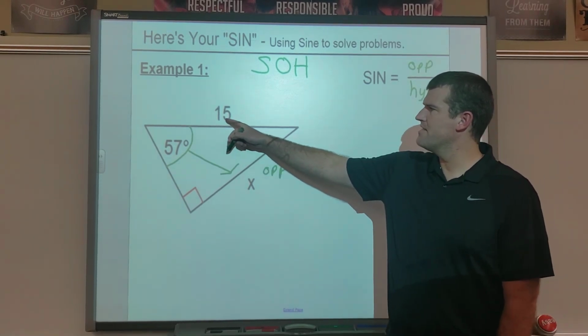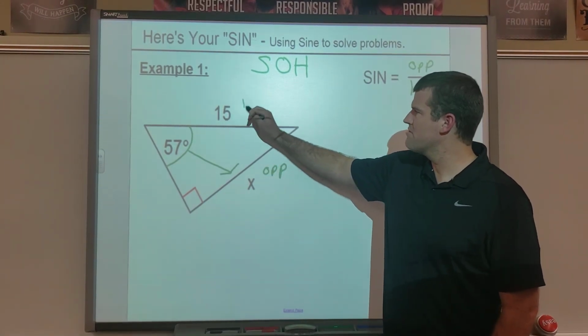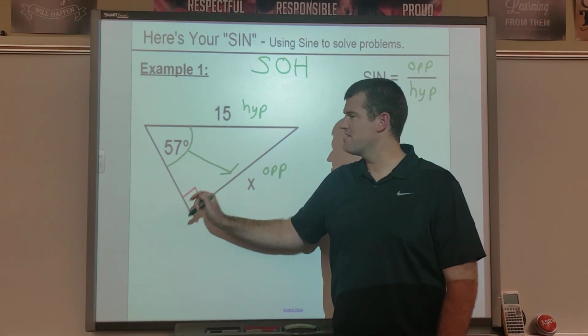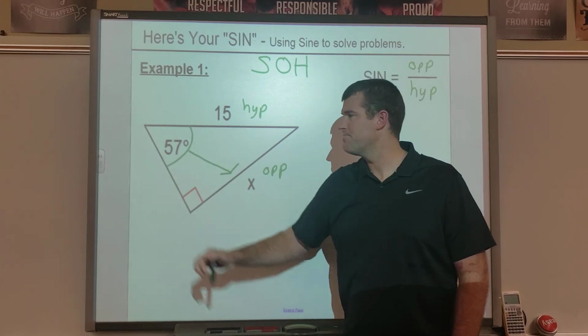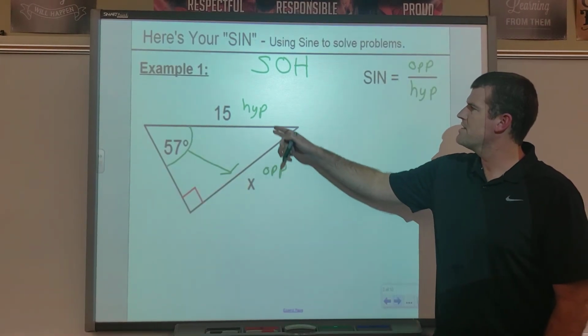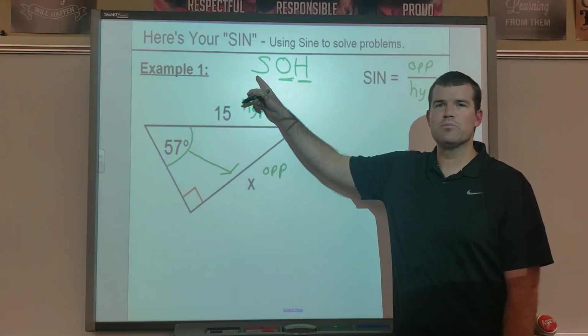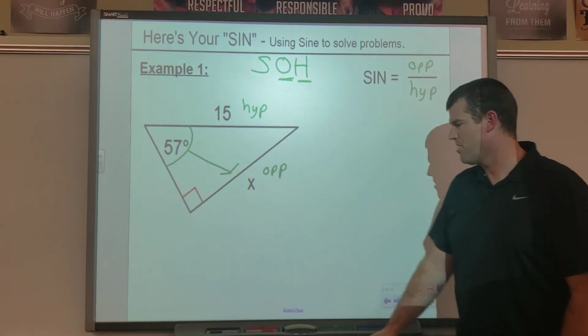And then the other side that we know is the hypotenuse. All right, we don't know the adjacent, we're not finding the adjacent, so we're not going to do anything with the adjacent. But if we're using opposite and hypotenuse, then we know our trig function will be sine. So this will be a sine problem.